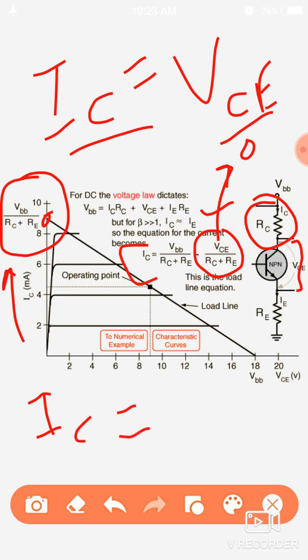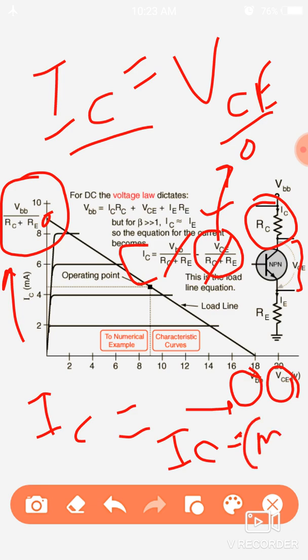To find the minimum value of IC, consider the point where VC equals VBB. When VC equals VBB, these terms cancel out and IC is minimum in this condition. Then the minimum value of IC equals 0 and the maximum value of IC equals VBB upon RC plus RE.